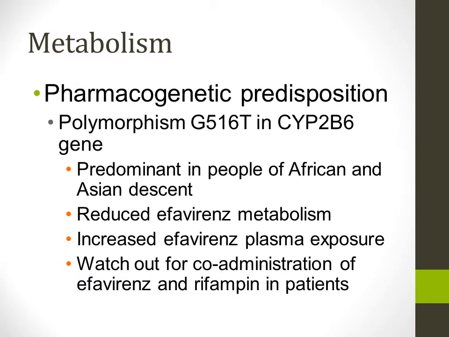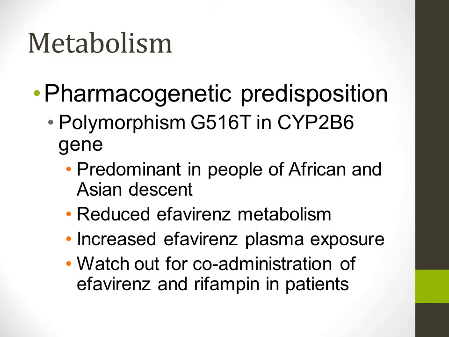I'd like to draw your attention to the pharmacogenetic predisposition of people of Asian and African descent. They have reduced efavirenz metabolism. This comes to bearing when we are co-administering efavirenz and rifampicin in patients who are HIV/TB co-infected.